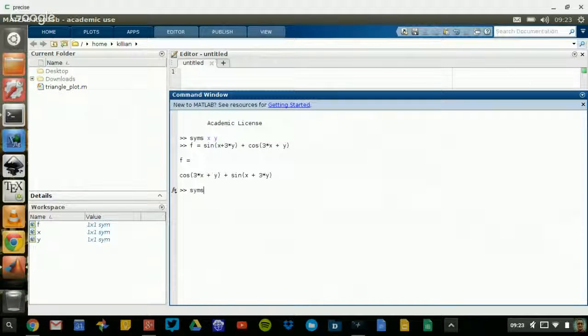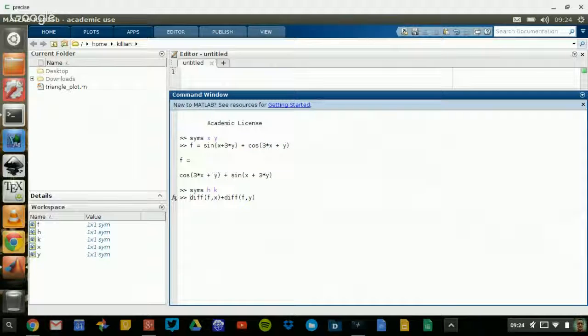And I want to talk about the variables h and k as well, so I'll get those as symbolic variables. So D, for instance, was diff fx plus diff fy.